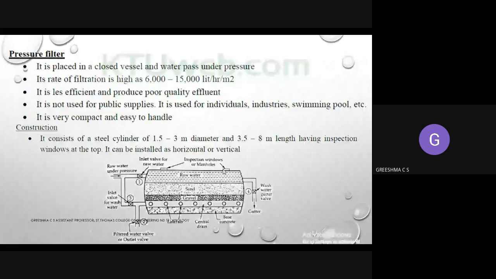The pressure filter will basically have a cylinder shape. So it can be installed horizontally or vertically, depending upon the customer's choice.